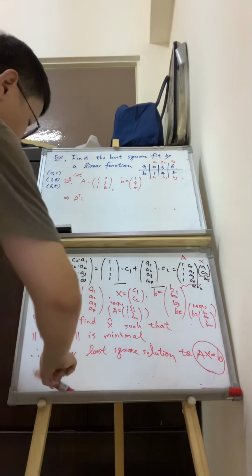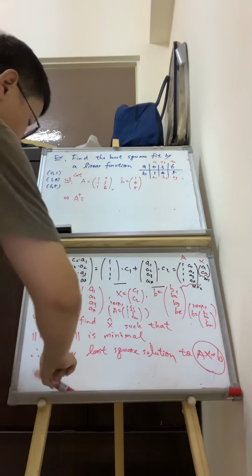Here, when x1 equals 1, we get 6x2 equals 4. So it's a contradiction. Indeed. So we just could apply this least squares solution to this one. It means that we could use this way to find x hat.